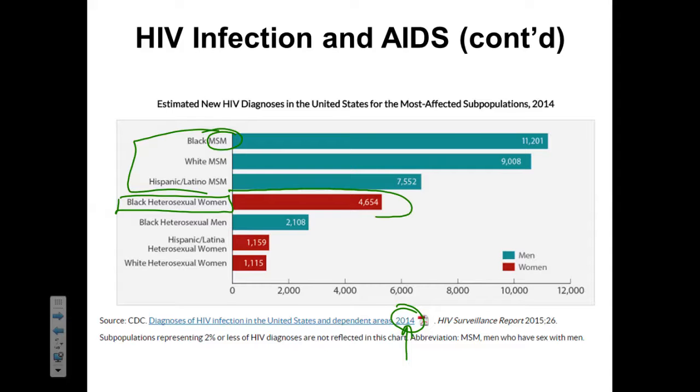And this represents a very small subset of the overall United States population. If we look at this graph, there is a disproportionately large number of HIV cases originating within populations of men who have sex with men compared to individuals who do not have sex with the same gender.